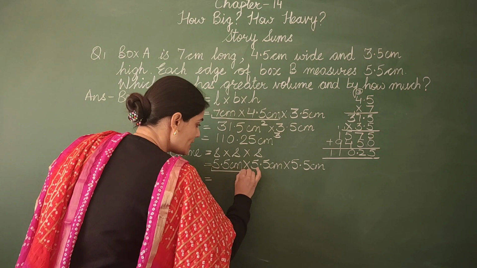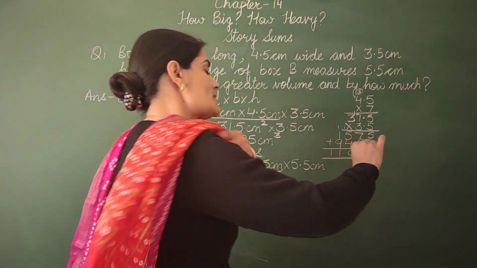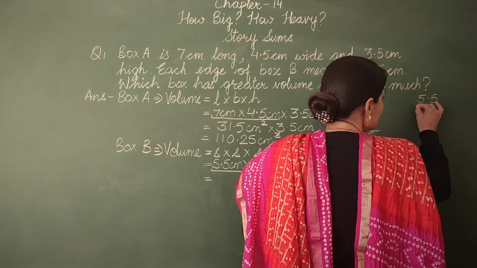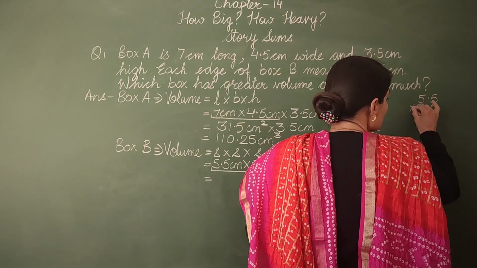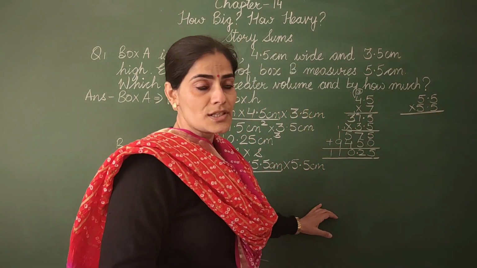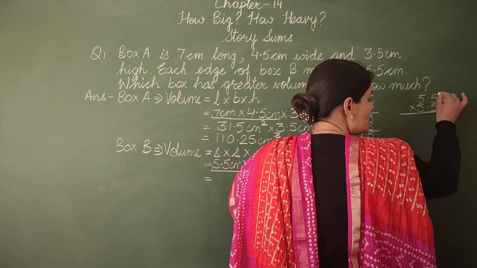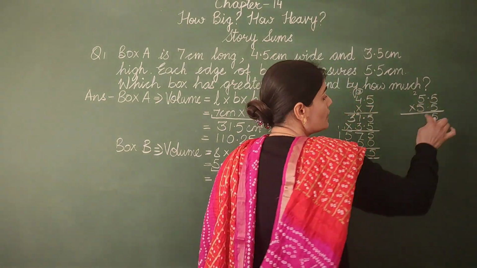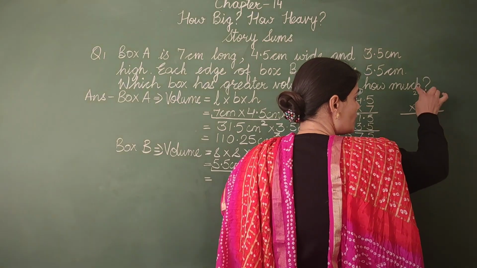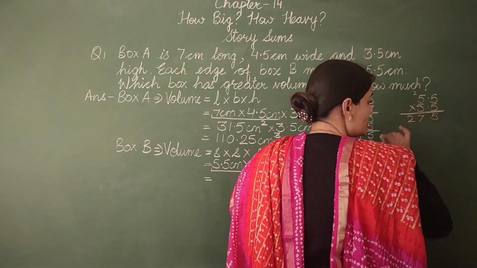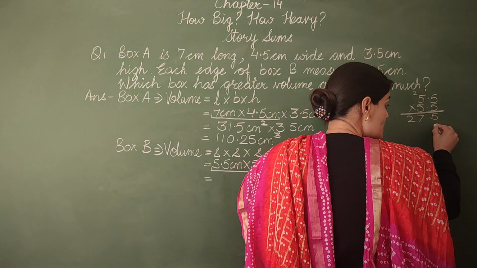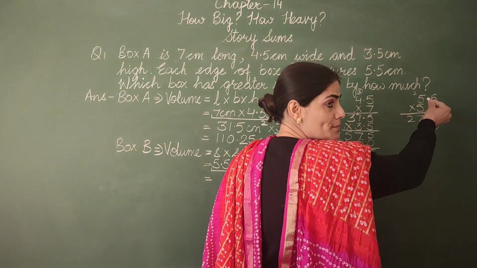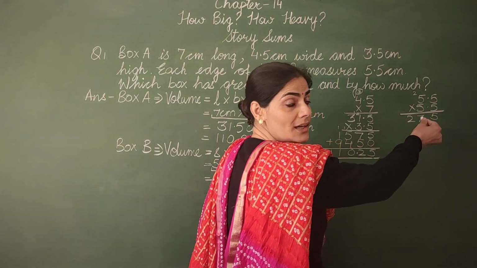I multiply the first two dimensions and I write here 5.5 multiplied by 5.5. Forget about the decimals for the time being. 5 times 5 is 25, 5 I write and 2 I carry. 5 times 5 is 25 plus 2 makes it 27. I put a 0 here and again we will get the same product as we are going to multiply 5.5 by 5 only.